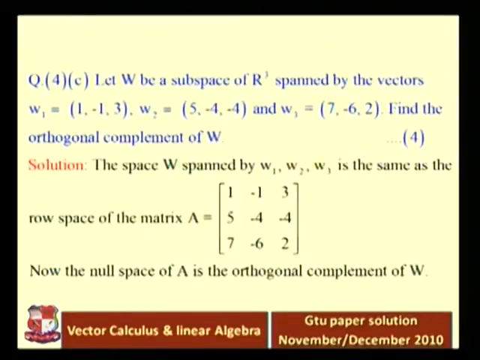Now the null space of A. Here is one theorem: if you want to find the orthogonal complement of W, or of the row space of any matrix, that is exactly the null space of the given matrix. So the null space of A is exactly the orthogonal complement of W, right?